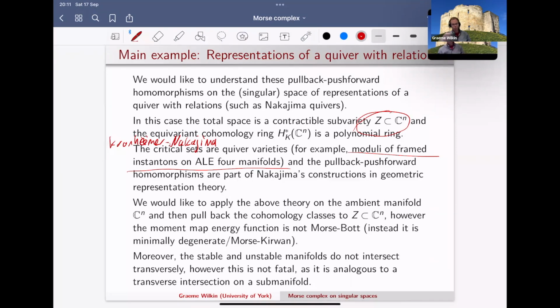And this pullback push-forward construction to the flow lines corresponds to something that looks like Nakajima's constructions in geometric representation theory. So what we'd like to do is apply the theory that I just described, the Morse-Bott theory, which is well known, on this ambient C^n, this manifold here, and then pull everything back to the singular space, just using the inclusion. But unfortunately, the moment map function is not Morse-Bott, and the stable and the unstable sets don't intersect transversely.